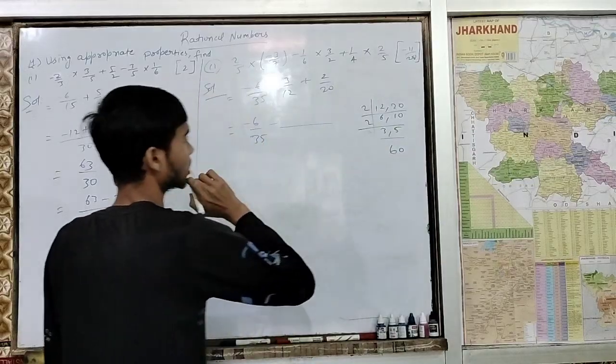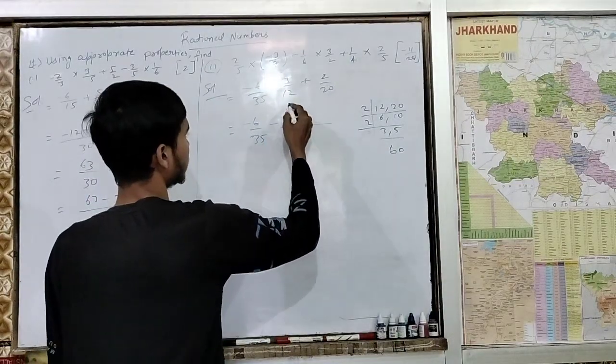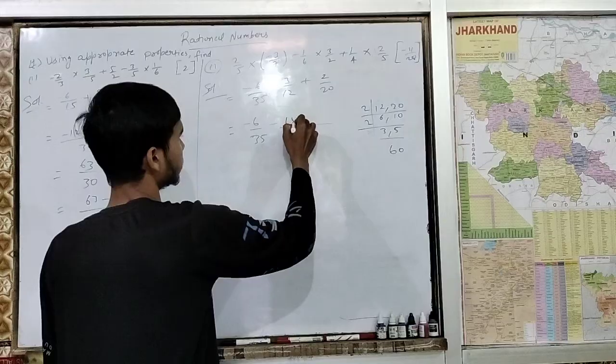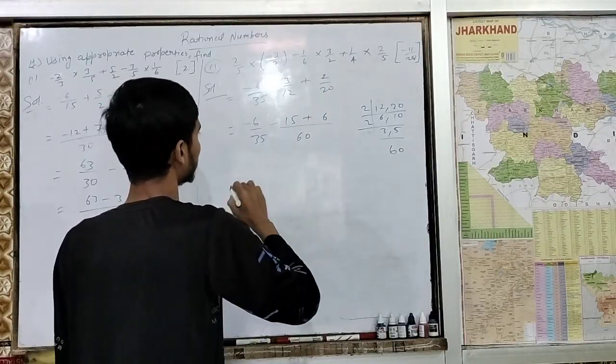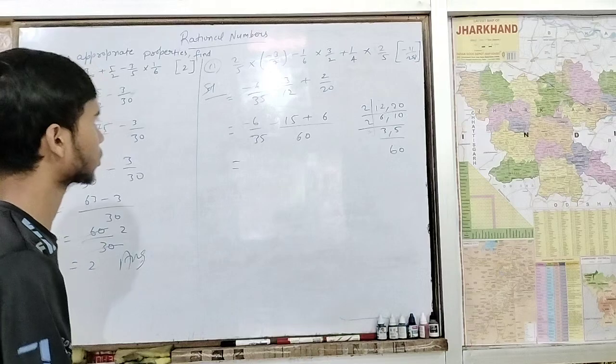It is giving us 60. And 12 5s are 60, so 3 5s are 15. Plus 2 3s is there, so 3 2s are 6. It is coming that much.